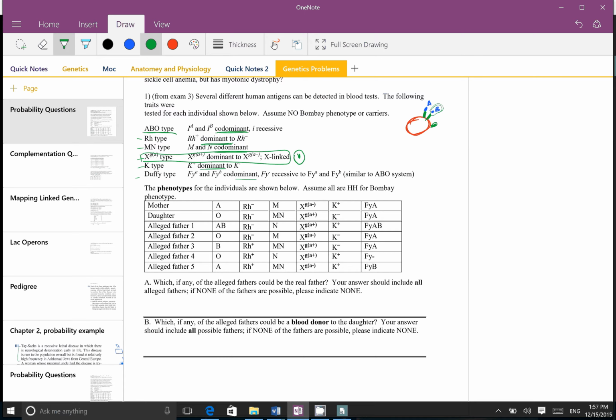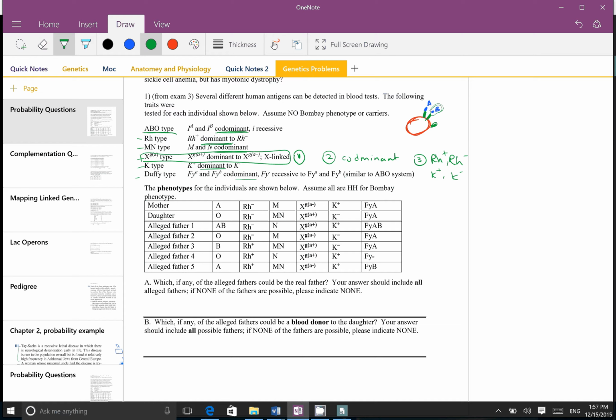The second thing you look at is any codominance traits, and the third thing you look at is the normal dominance traits, in terms of RH plus, RH minus, or K plus, K minus.